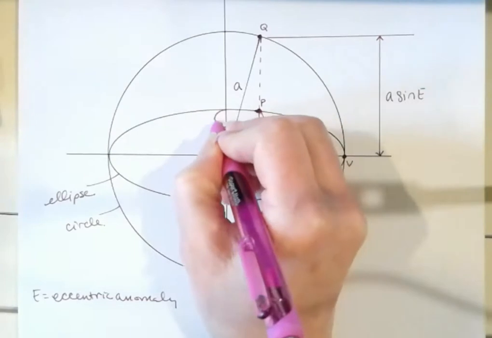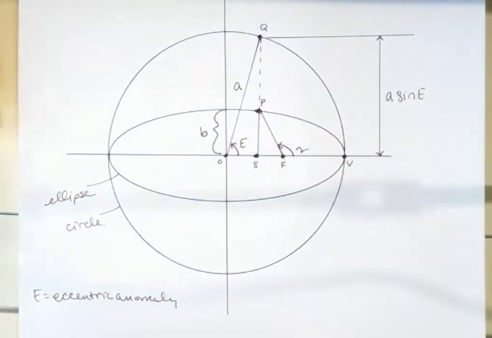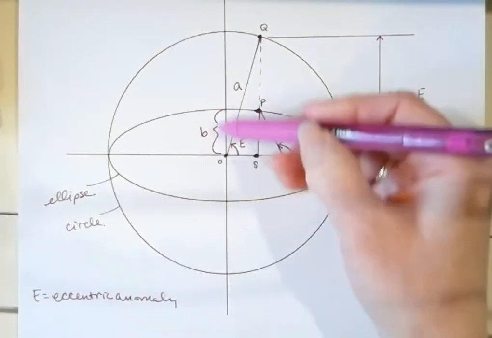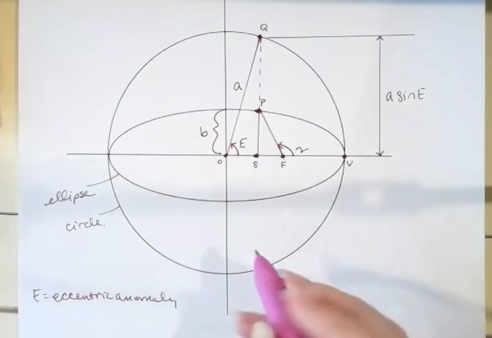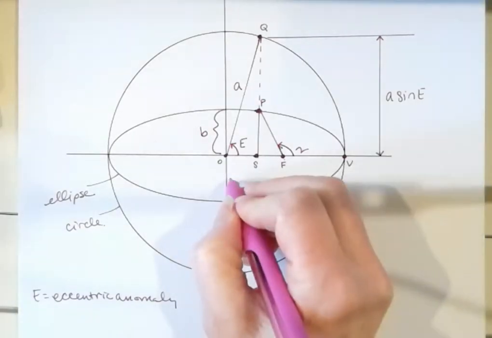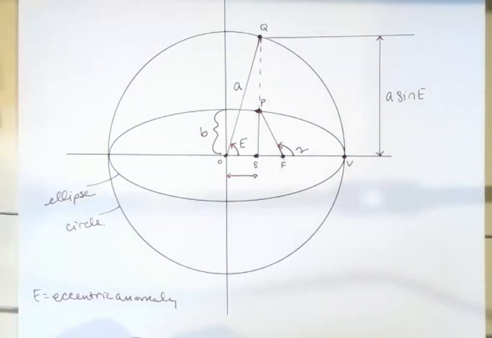Now we've also got the semi-minor axis, which is B, which will be right there. So again, that's just like if you want to think about the height of the ellipse. Okay, now a couple more distances. We've got this distance.